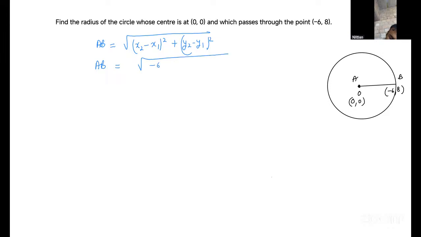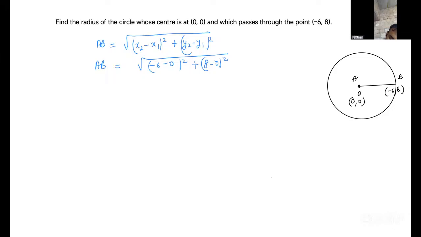Okay, so we know the AB distance. The distance formula is root of x2 minus x1 square plus y2 minus y1 square. So AB is equal to root of what is x2? X2 is minus 6 minus 0 square plus what is y2? 8 minus 0 square.